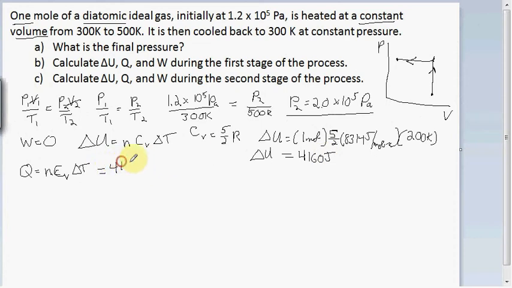This is 4,160 joules as well. Which makes sense because remember delta U equals Q plus W. And since W is 0, that means delta U is just Q.